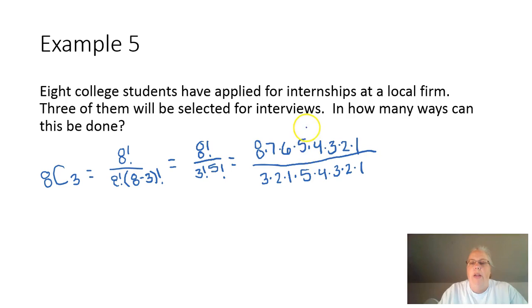Alright? And the 5s will cancel, the 4s will cancel, the 3s will cancel, the 2s will cancel, the 1s will cancel. And over here, 3 times 2 is 6, so that'll cancel with my 6 right there. So it looks like the number of ways this can be done is 8 times 7, which is just 56.